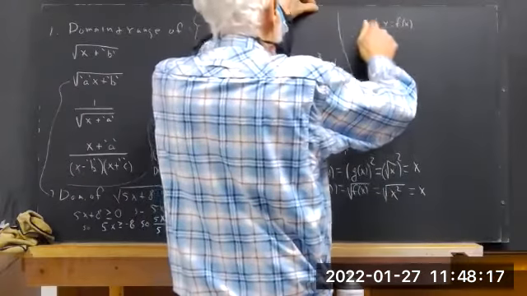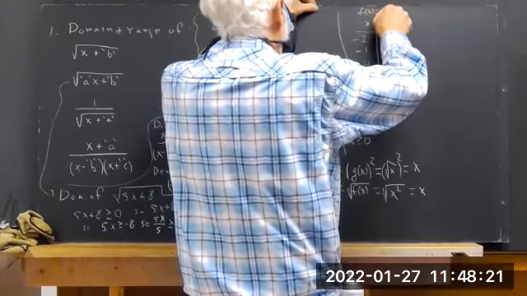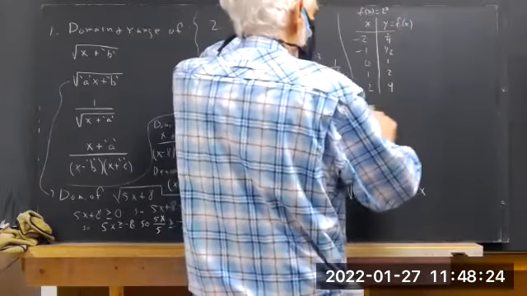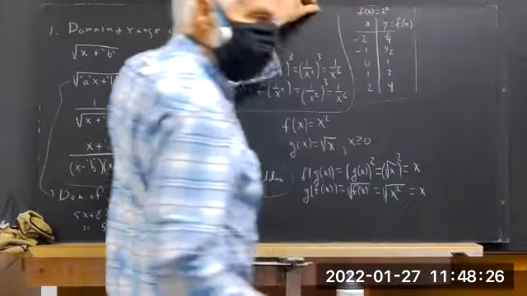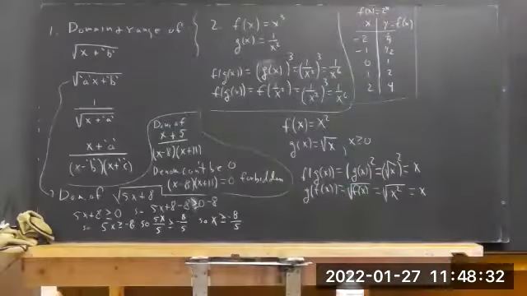So this is your y equals f of x. Now from this, we can get a table for f inverse of x.